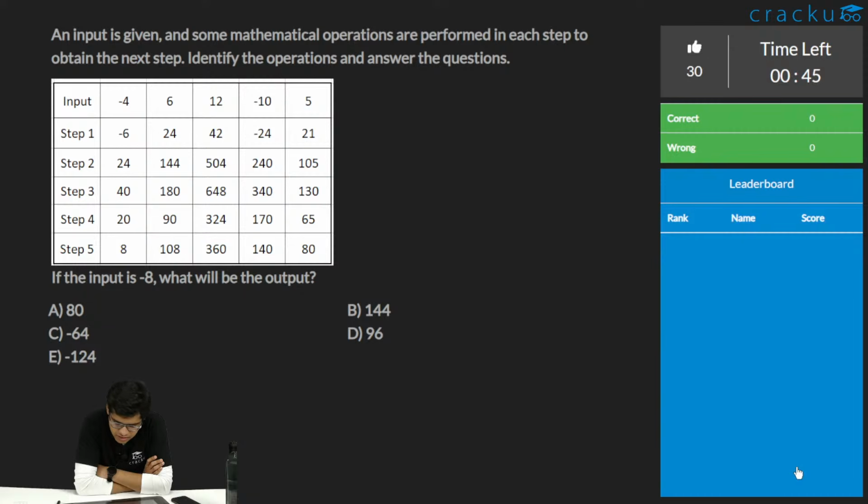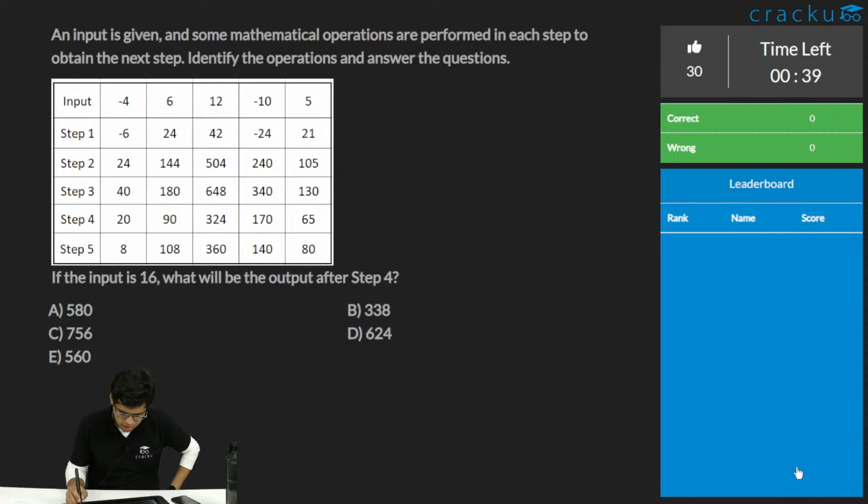Okay, guys, any answers? This also we are having 3 questions, guys. This is question 1, this is question 2, and this is question 3.